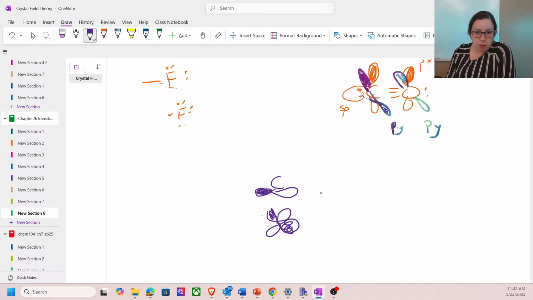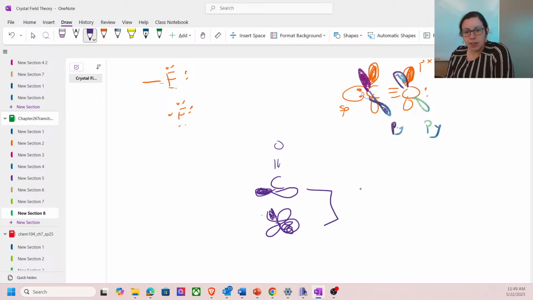I'm just trying to show one of our p ligands, and now it lines up with one of our d orbitals. So again, we're just appreciating that the colors are the same. And so all this means is that CO can do what's called pi back bonding.